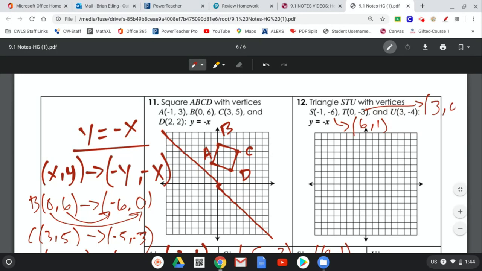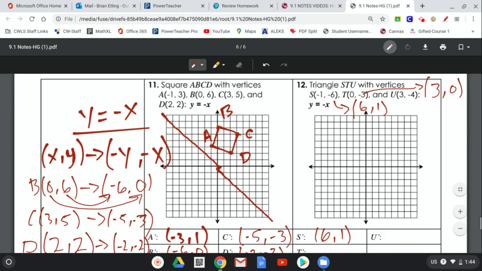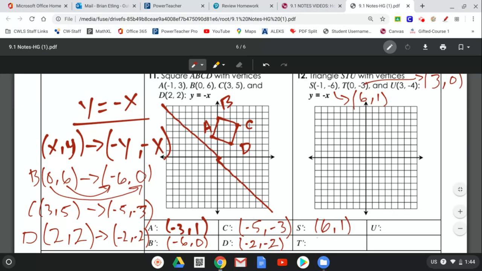And remember, 0 just stays the same. So for T, it's going to be 3, 0. And for U, we're going to change that 4 becomes a positive 4, and that 3 becomes a negative 3. So that's going to be 4, negative 3. And we're done. All right, and we are done.